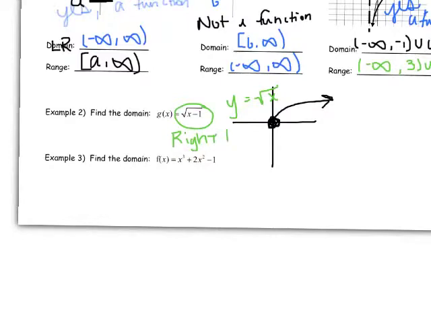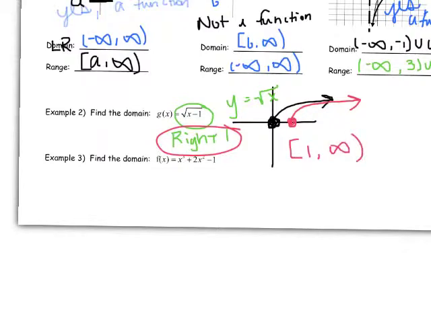So I'm just going to do this in red. So if I go to the right one, it looks like this. And so the domain of that red function right here is going to be from 1 and then onward forever, 1 to infinity.